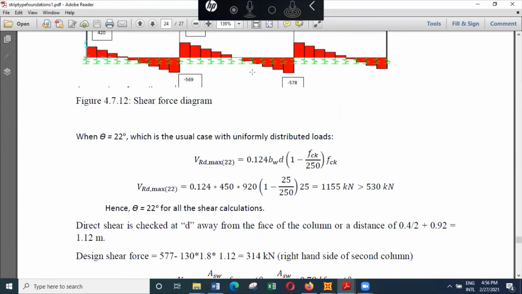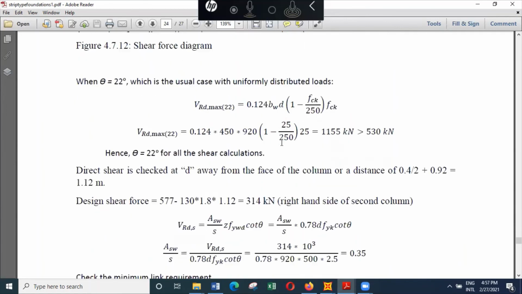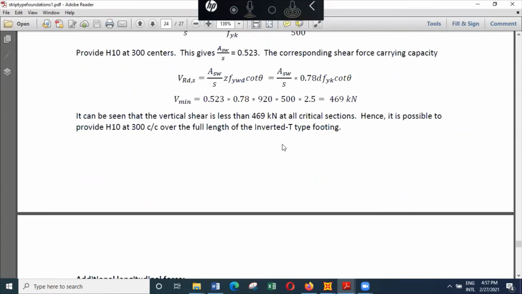So whatever the reinforcement that you provide here at the top, you will not curtail it, and you will just allow it to go through the support as well, so that automatically the extra reinforcement requirement for carrying shear would be satisfied. So that's okay.